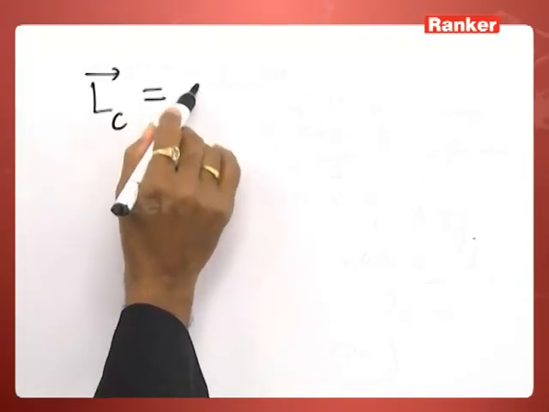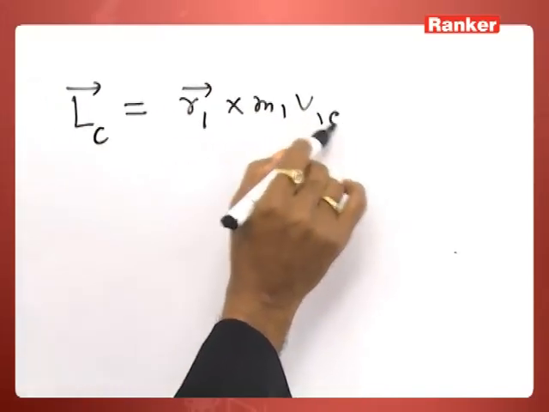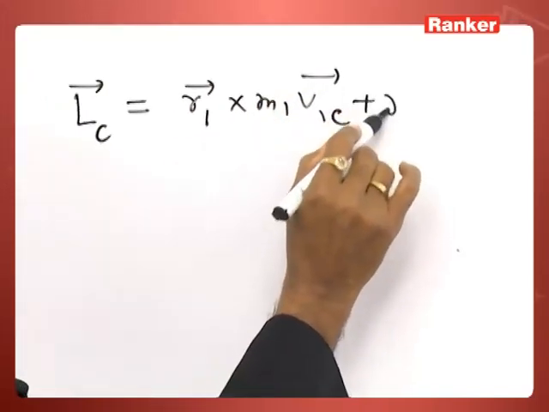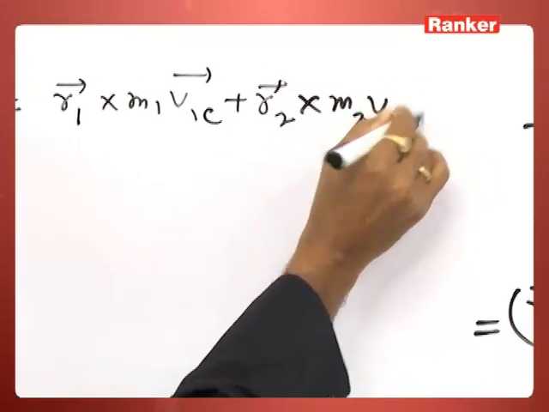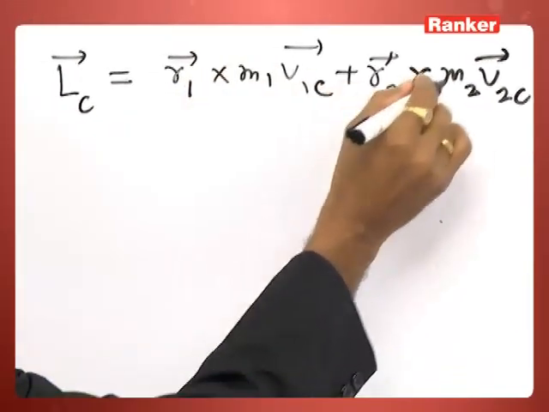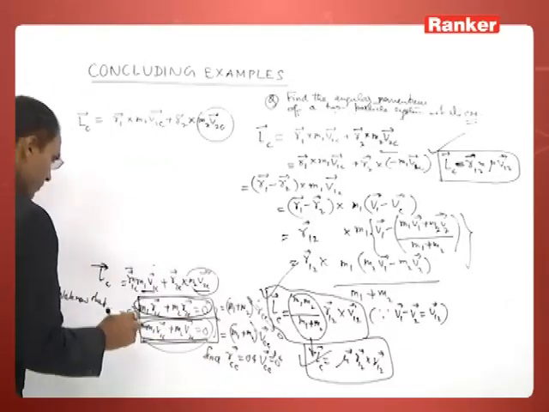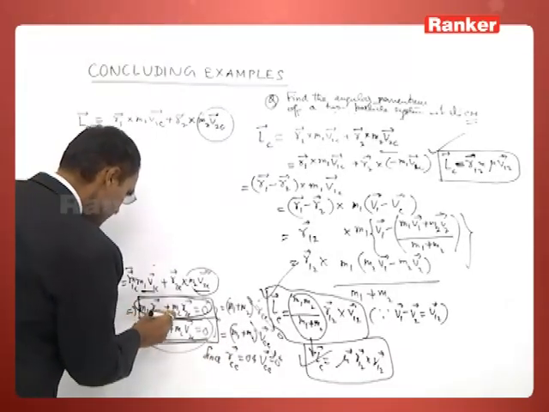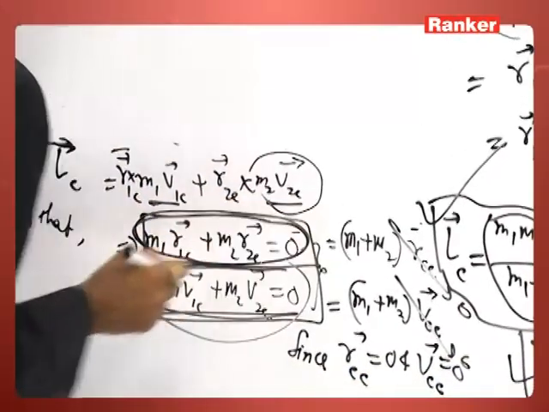LC is equal to r1 cross m1 v1c plus r2 cross m2 v2c. Using the first term also we can solve the problem.